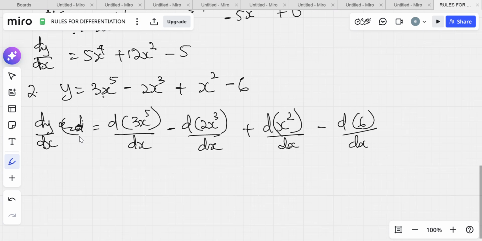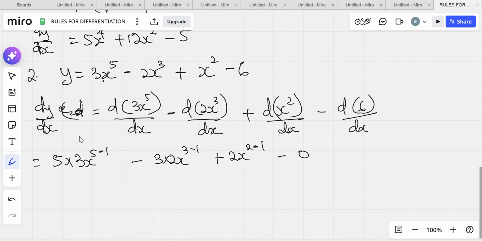Okay, so now we start differentiating. To differentiate this, I have 5 multiply 3x to the power 5 minus 1, minus 3 into 2x to the power 3 minus 1, plus 2x to the power 2 minus 1, minus 0, because I have differentiated this one applying the function.